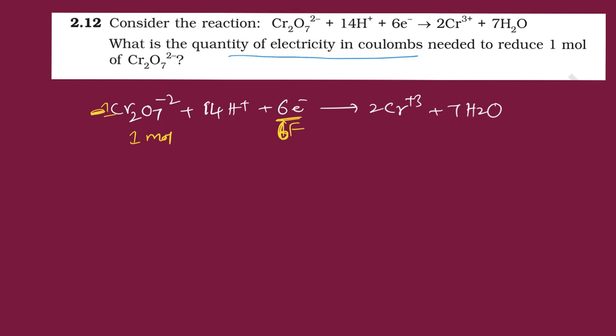So the answer is 6 Faraday, but in coulombs that is required. Therefore, 6 into 96,500 in coulombs. So for this 1 mole of Cr2O7 2- to reduce into Cr3+, after multiplying this value you will get 579,000 coulombs.